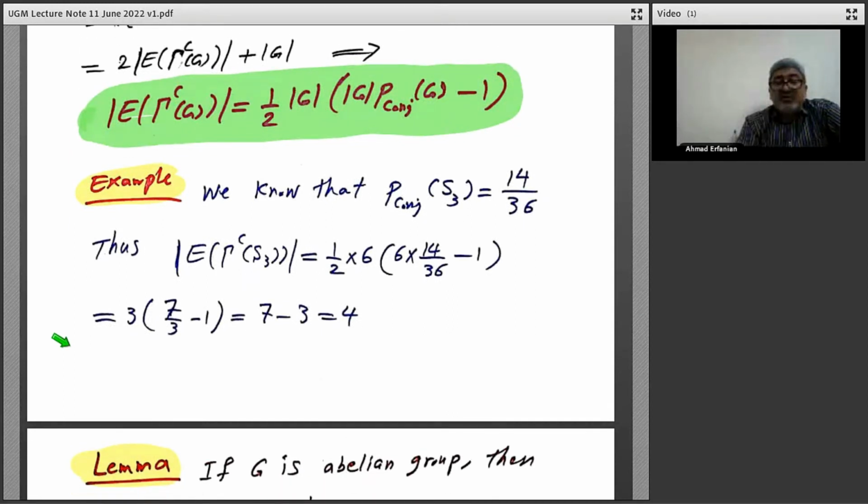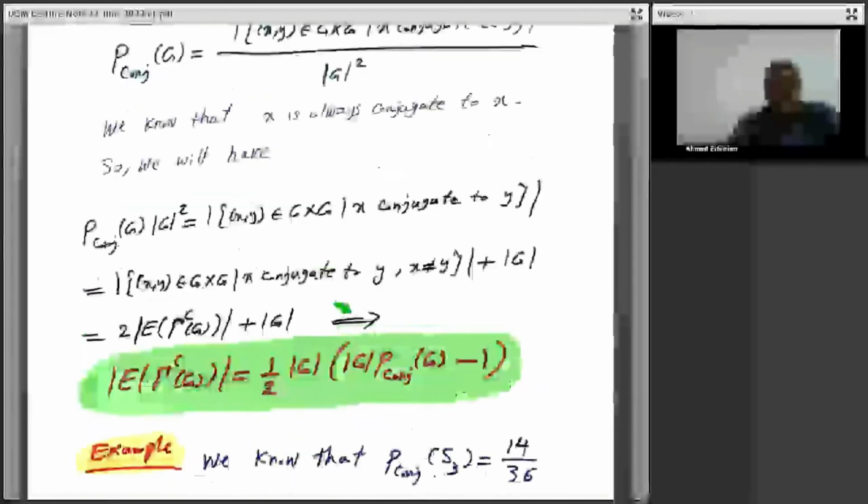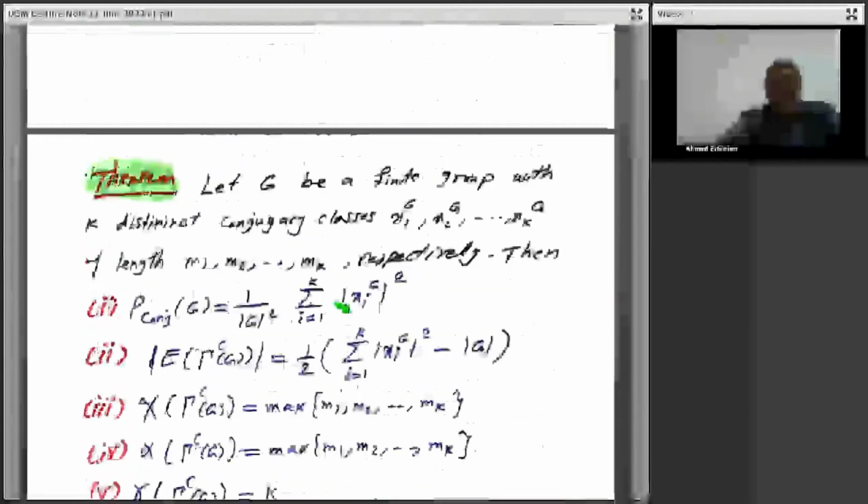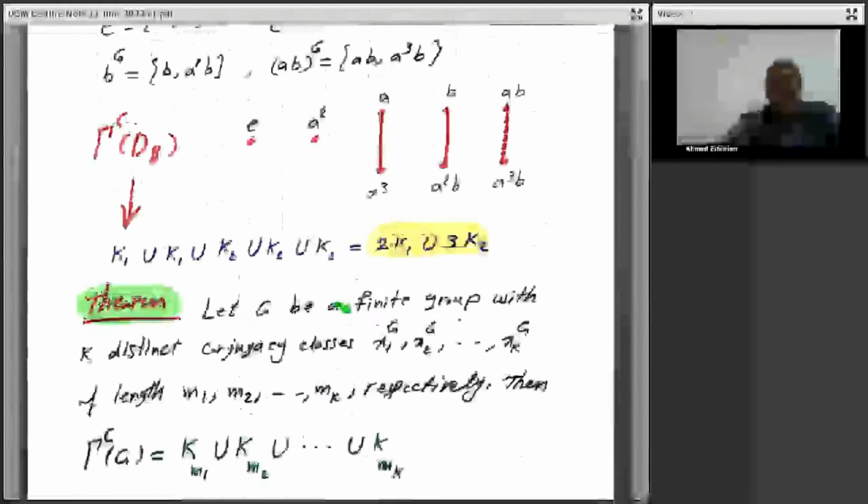For example, we have already found the conjugate degree of S3, which was 14/36. Now here, if we use this formula to find the number of edges for the conjugate graph, it is 4.